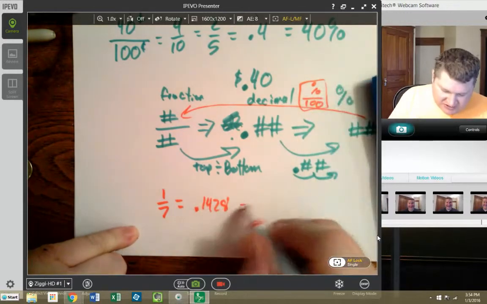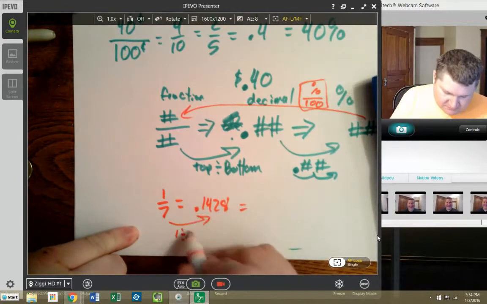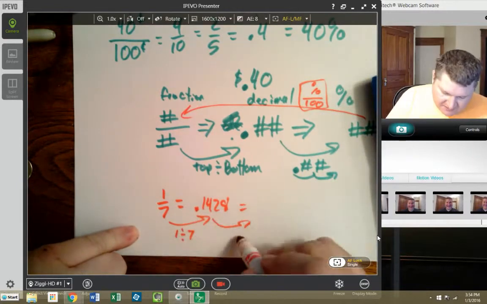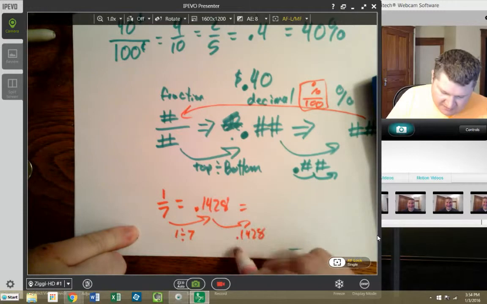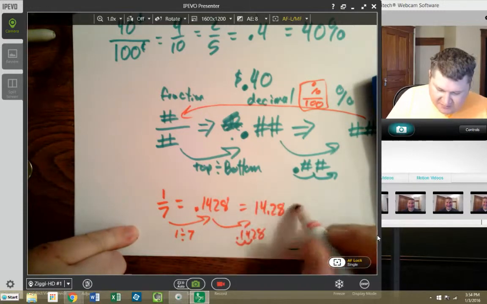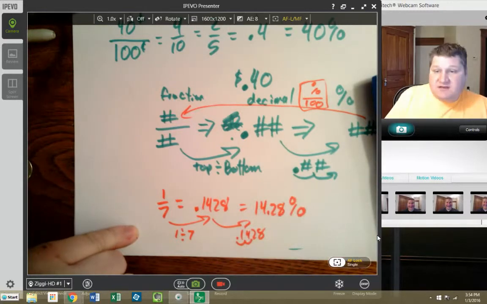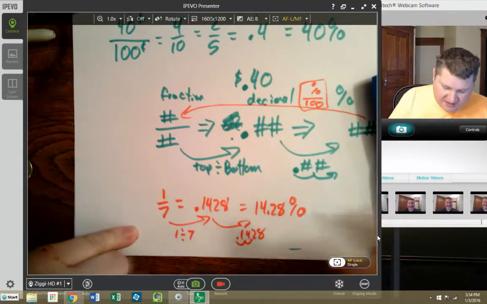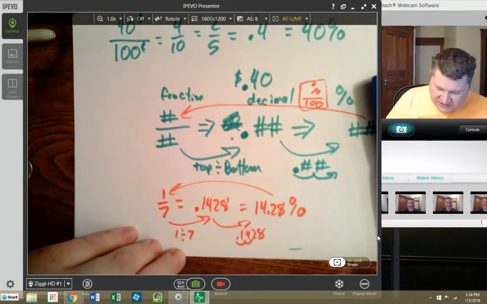To change that into a percentage, I take 0.1428, but I move the decimal 2 spots, 14.28%.